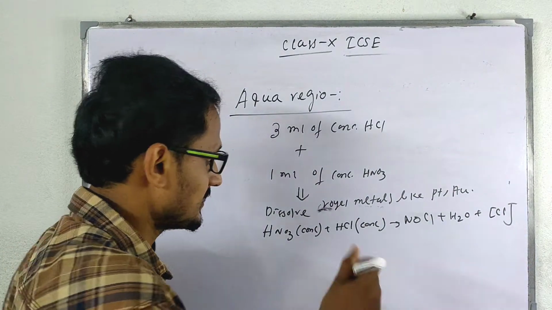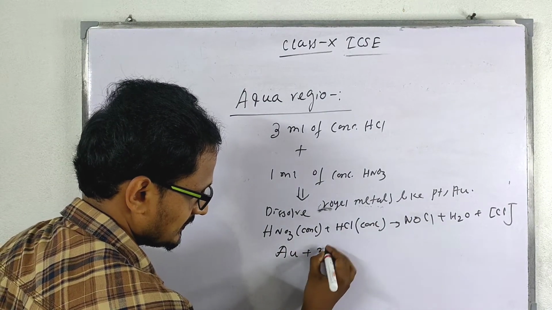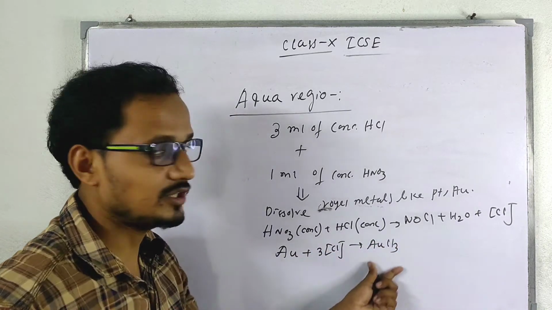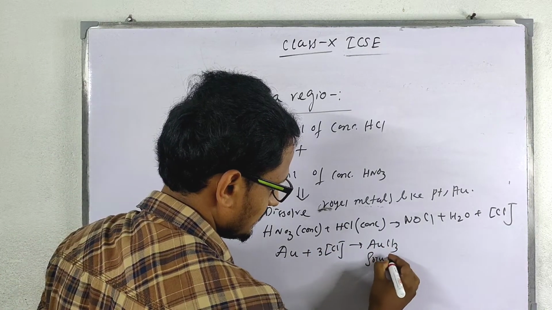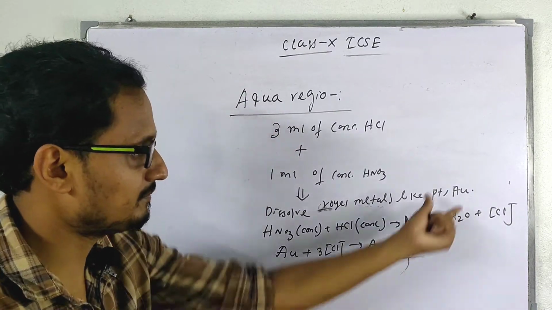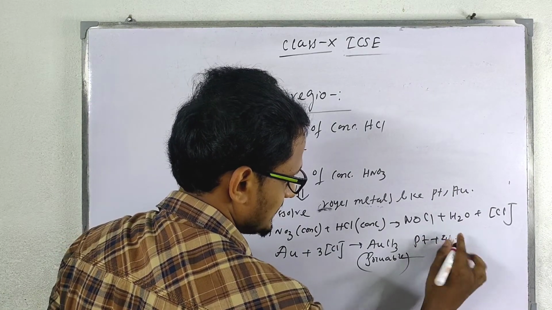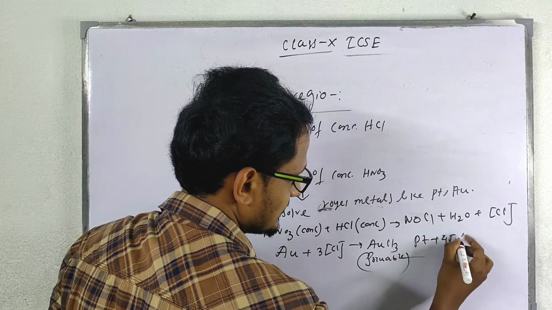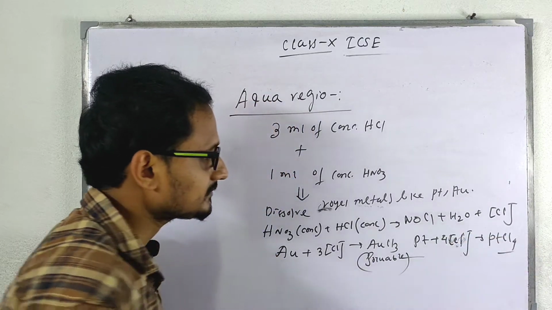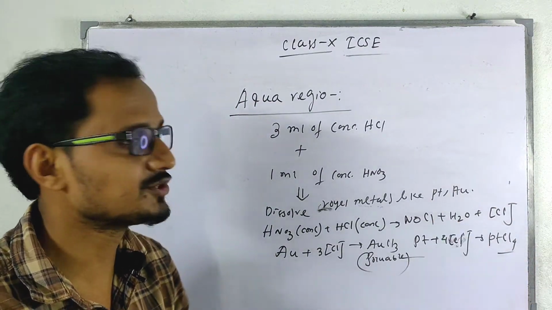This nascent chlorine actually reacts with Au to form a soluble chloride. Okay, this is soluble. And for platinum, Pt plus 4 nascent chlorine, to form PtCl4, and this is soluble. So due to the formation of these two, it will be soluble.